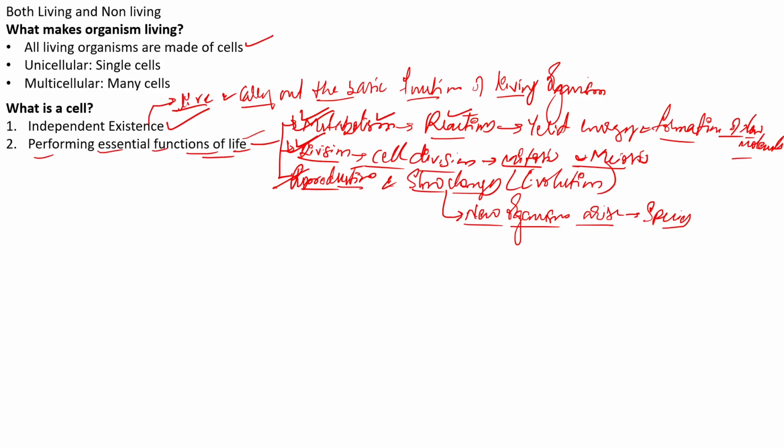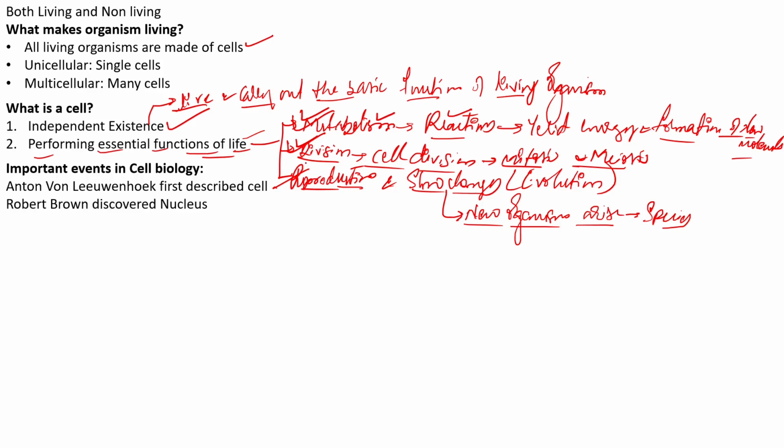Now let us look into some of the important events in cell biology. One of the first people we have to credit is Anton von Leeuwenhoek, who described the living cell for the first time.